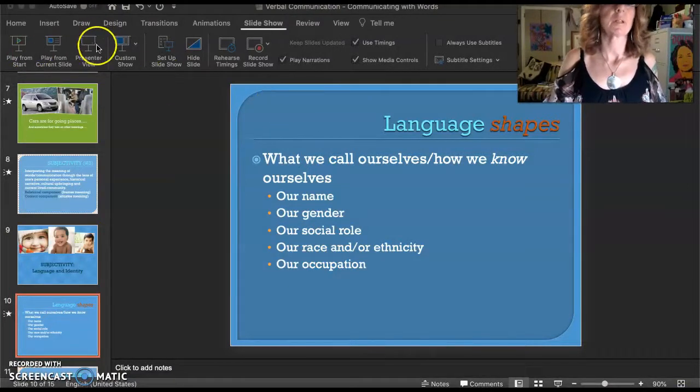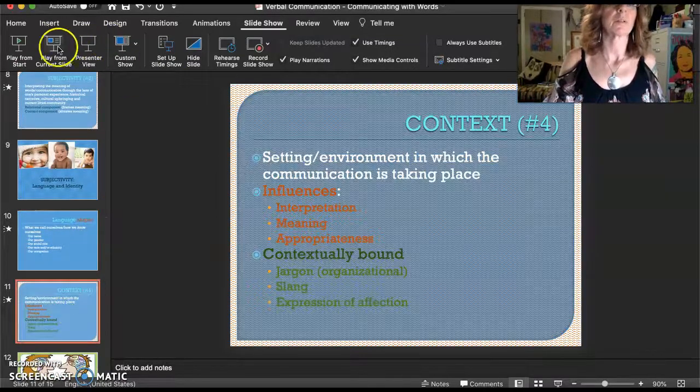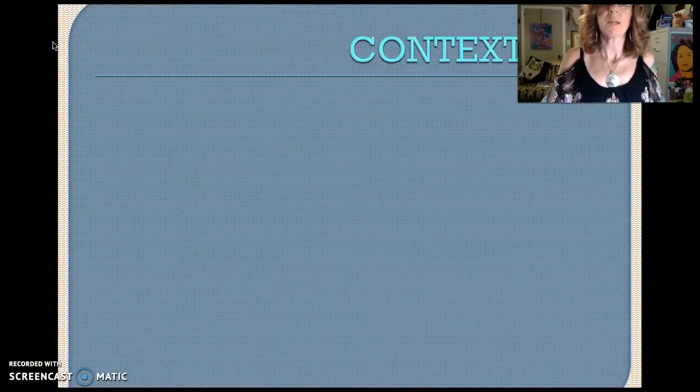Okay, what do we mean by context? Remember, context is a situation. We're still talking about how we use words in verbal communication.